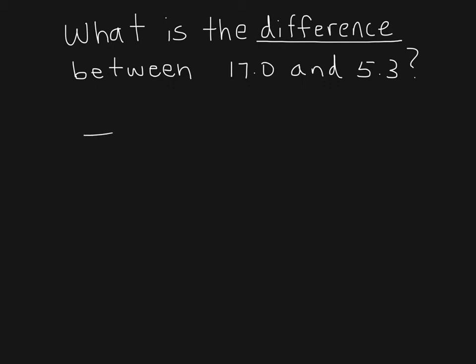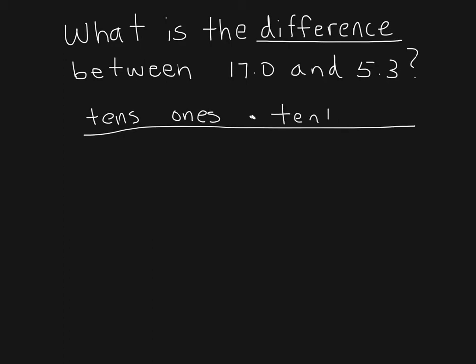Okay, I'm going to go ahead and make a place value chart for this one. I'm going to need tens, ones, there's my decimal, and I will also need a tenths place. And for the first number, I have 1 in the tens place.